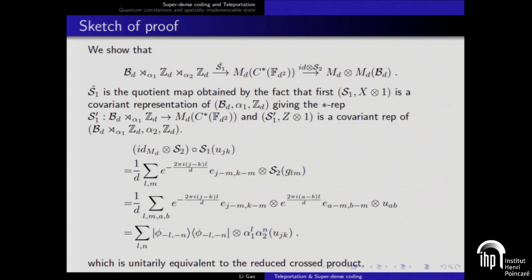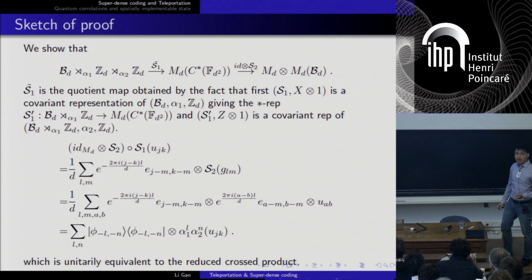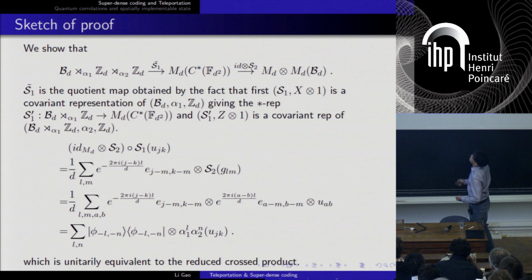That will induce a star representation from the cross product to this algebra. If you then use that together with the other Pauli matrices, it gives a covariant representation of the entire cross product. And if you have these two, then you have the isomorphism S1 tilde.